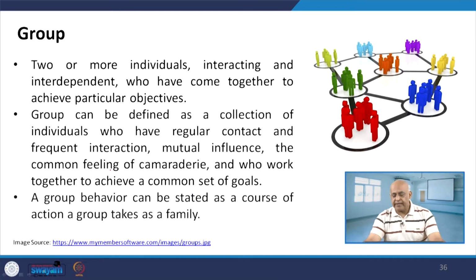In a family there are naturally minimum 2 members, interacting and interdependent, and as a result, in the organization also we find this type of group interaction. They are working together for the common objective, and they are interdependent on each other.